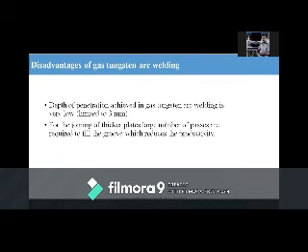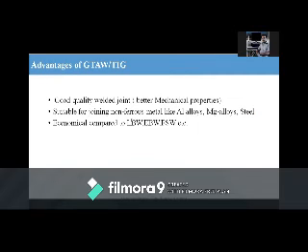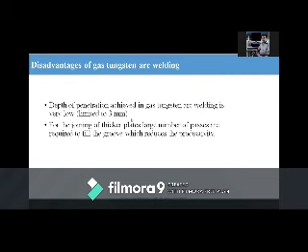Now let's come to the disadvantages of gas tungsten arc welding. As we know, the maximum depth of penetration reached in gas tungsten arc welding is very limited. It is only 3 mm. So generally, you already know that for the welding of thin sheets we use gas tungsten arc welding.